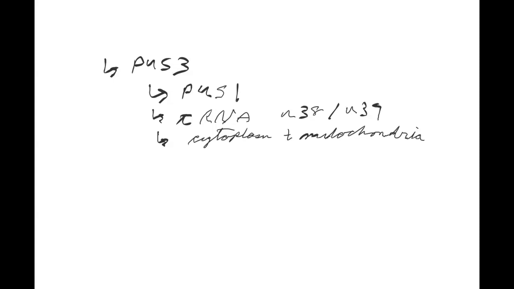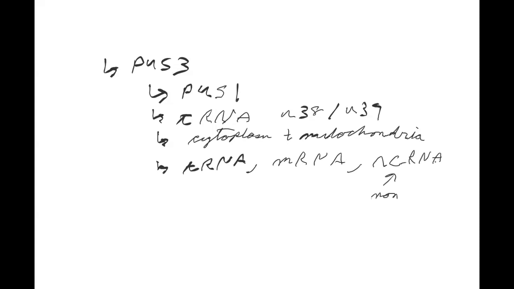Now, this is also targeting not just the tRNA, but the messenger RNA as well. And what is interesting is that there's another type which I didn't cover, ncRNA, which is non-coded or coding, non-coding.